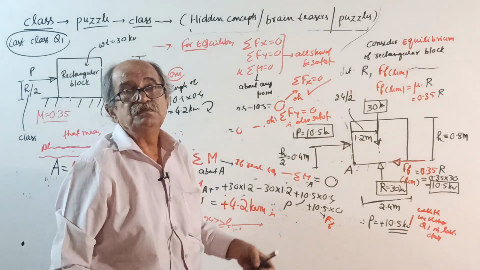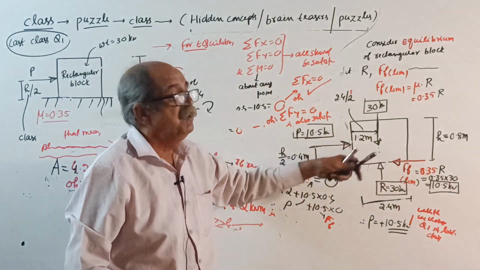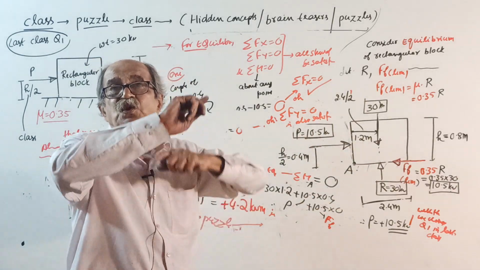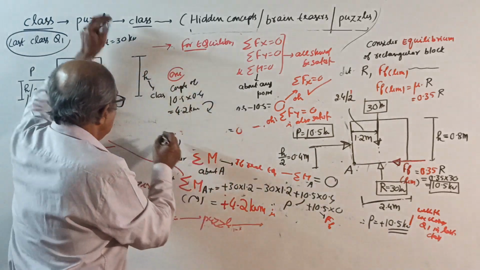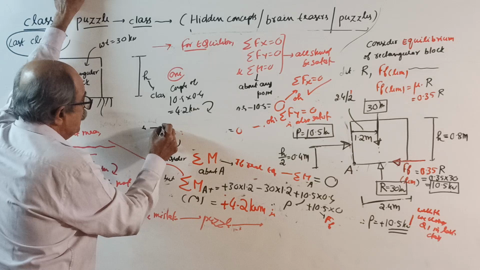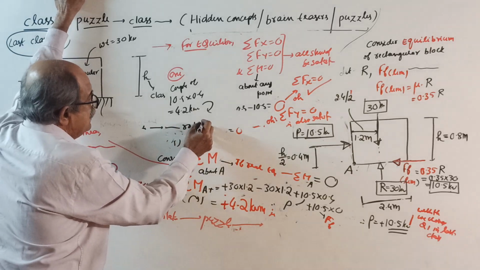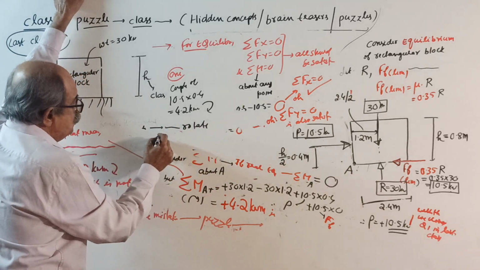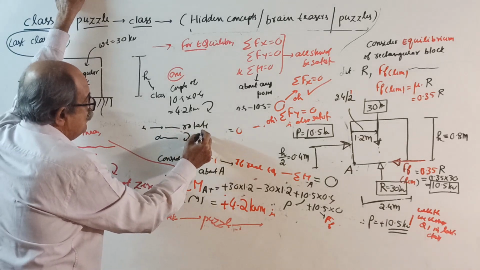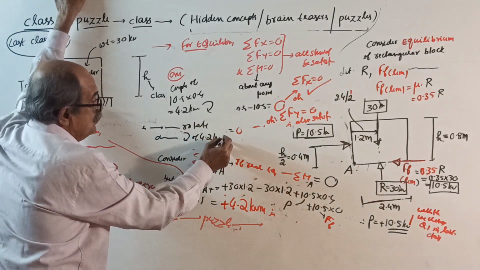That means the given block should rotate due to a clockwise couple of 4.2 kilonewton meter.